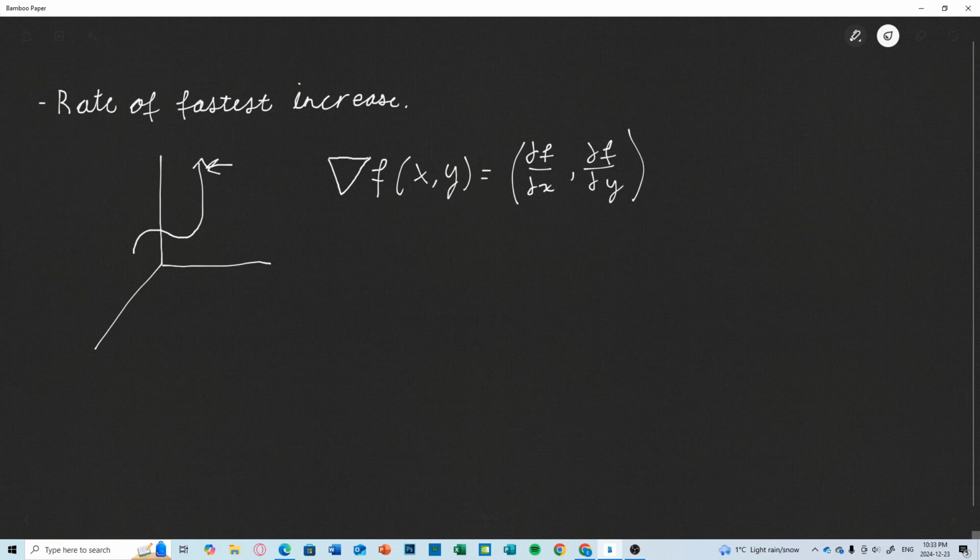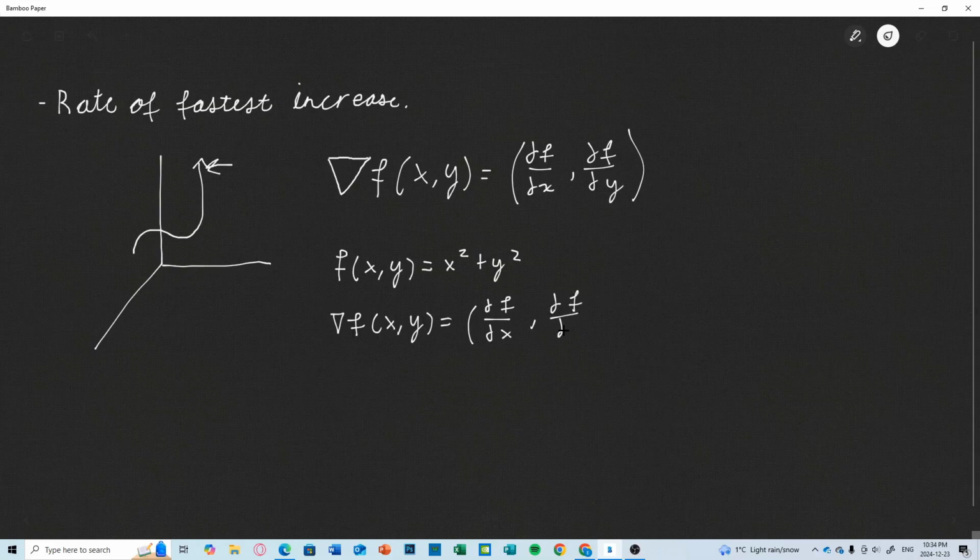So for example, if we have f of x and y equal to x squared plus y squared, then our gradient of f of x, y would be equal to the partial of f with respect to x and the partial of f with respect to y, which is going to be 2x and 2y. And that's what our gradient vector will be.